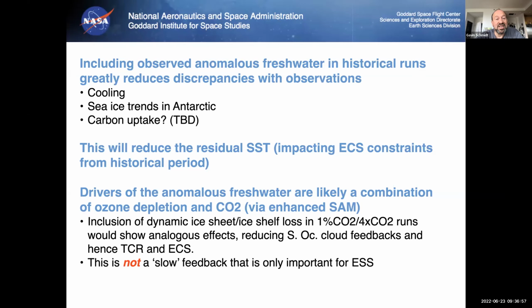This is not a slow feedback that is only important for, say, the Earth system sensitivity. This is a feedback that is relevant today and in the transient period that we're most concerned with. And because of the carbon uptake effect, it may even have an impact on the transient carbon response as well. So thank you very much.